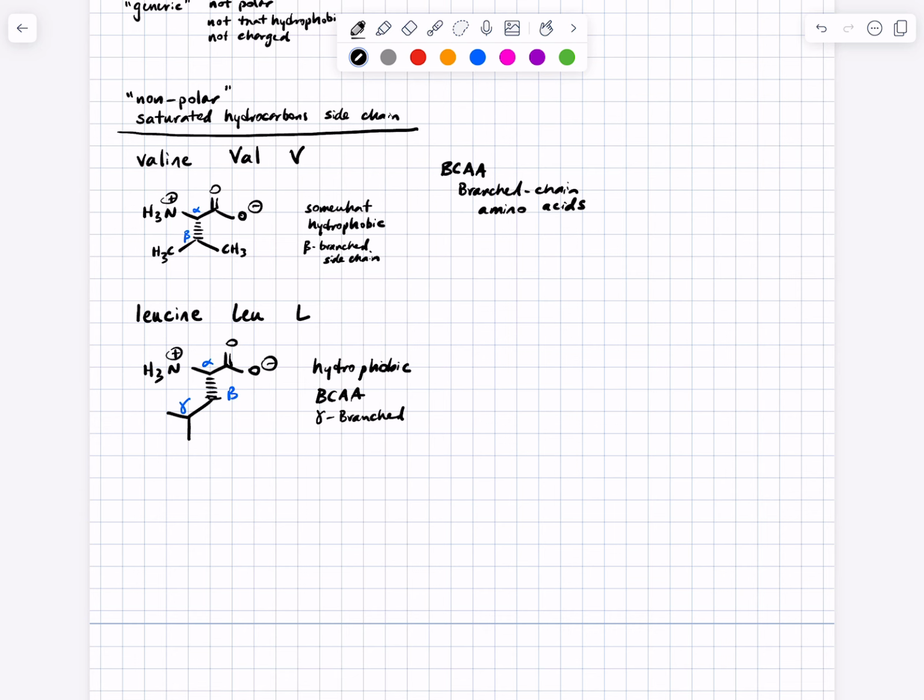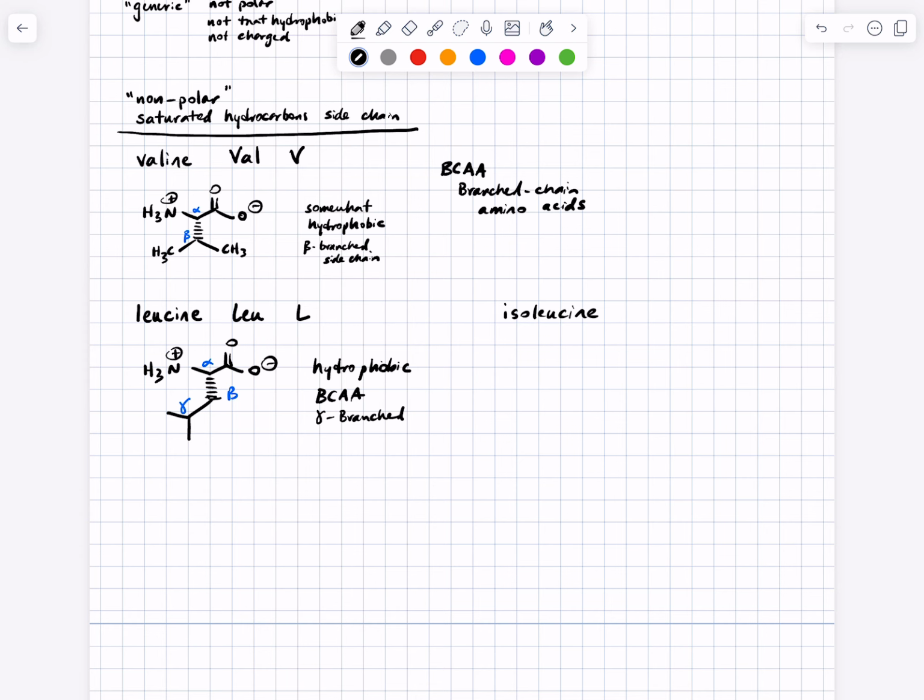Okay, another one is an isomer of leucine, and so it's unsurprisingly called isoleucine. And this one's going to be tricky because isoleucine has 2 stereocenters, and I always forget.